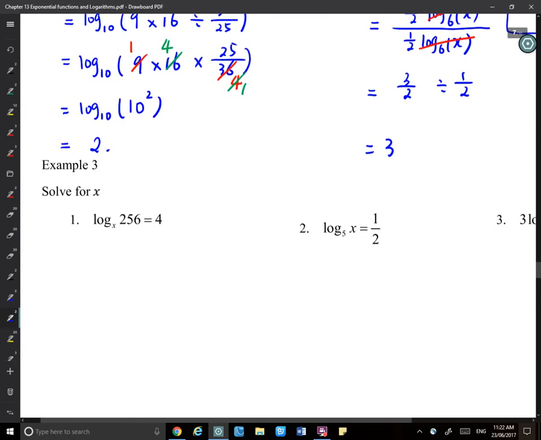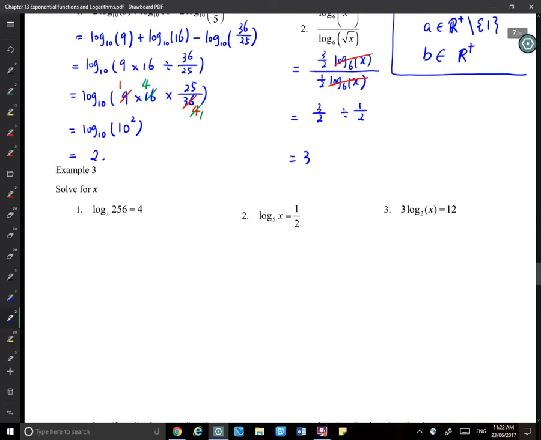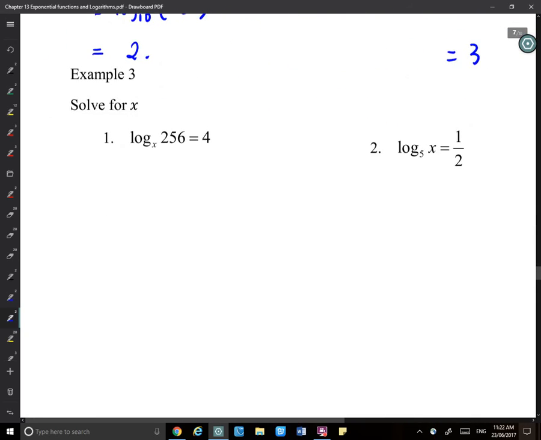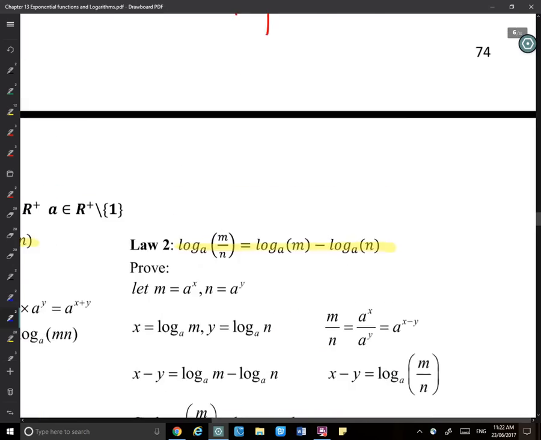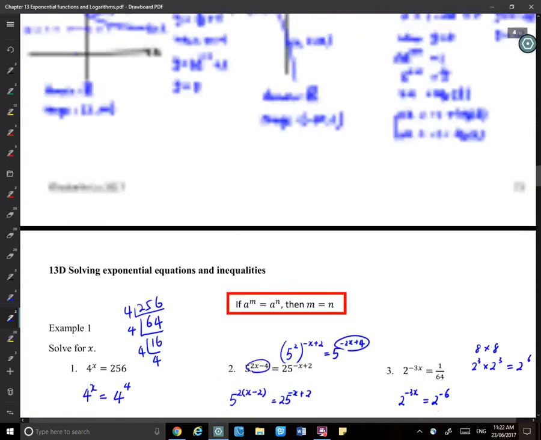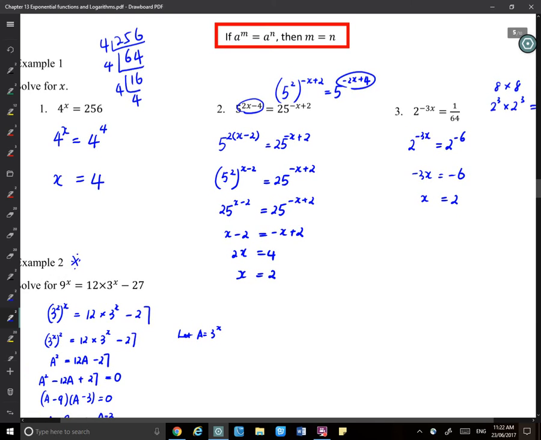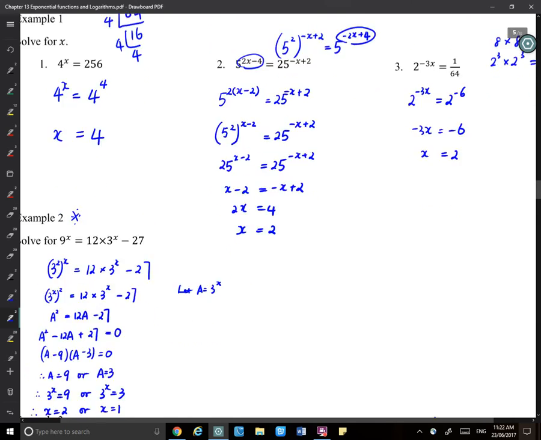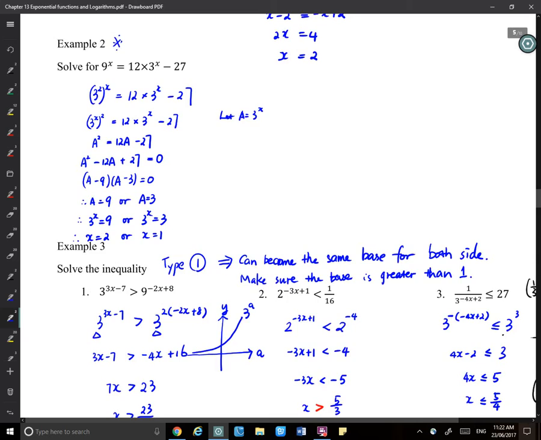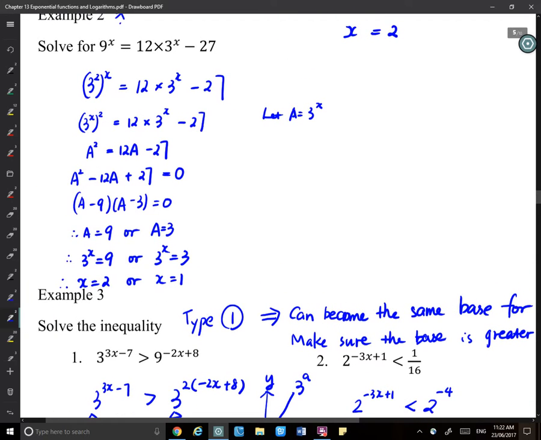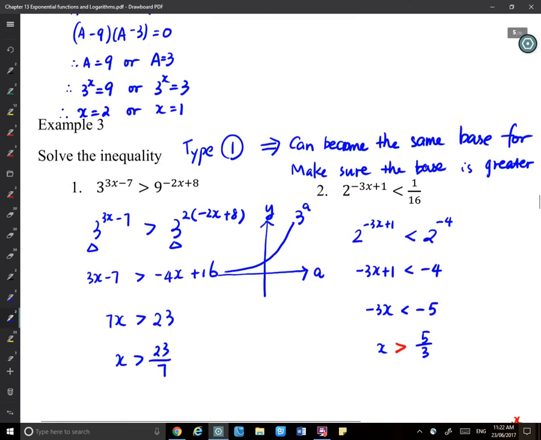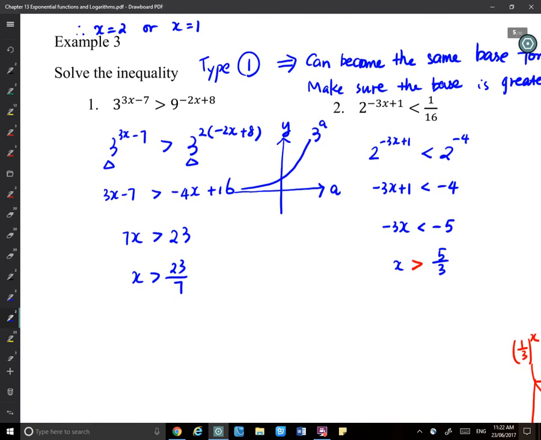Okay, let's do the next one. To solve log, last lesson we learned how to solve exponential equations. So exponential equations basically make the same base and try to equalize the power. And we have a special type of this question, where we change variables, change 3 to the power of x to a, and solve it. And we also learned how to solve exponential inequalities.